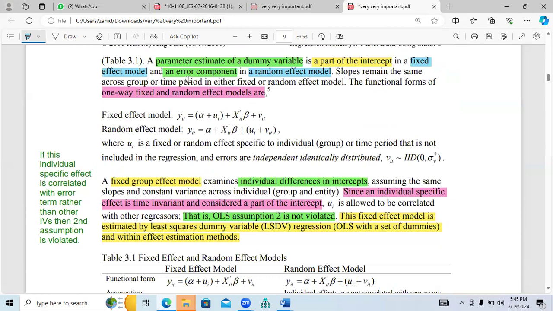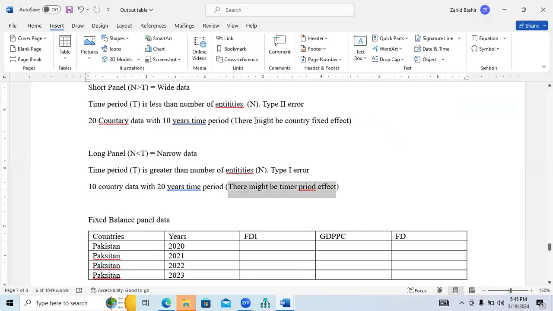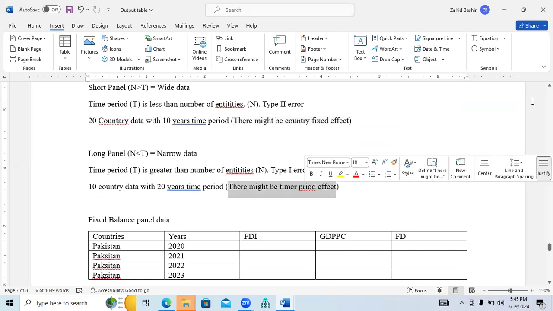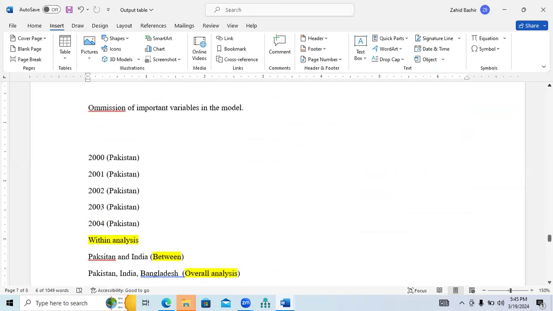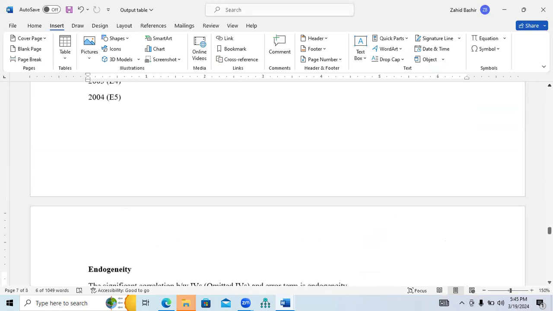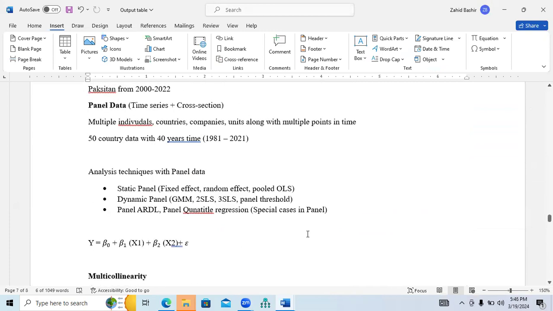If we assume that your country specific effects or your time period effects are basically considered with reference to your alpha or beta naught value, like this, this is the beta naught.